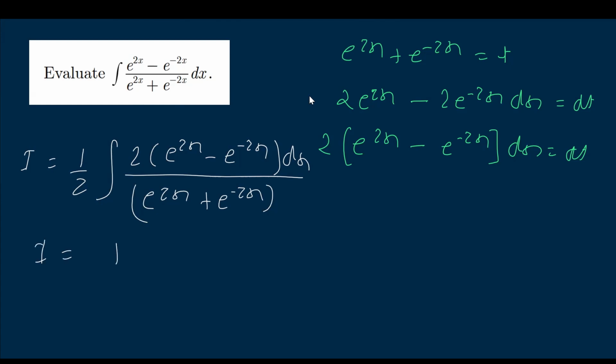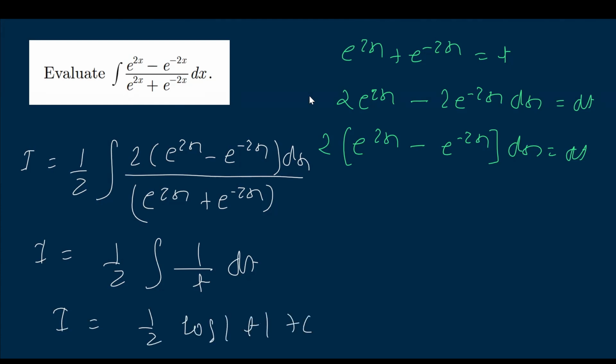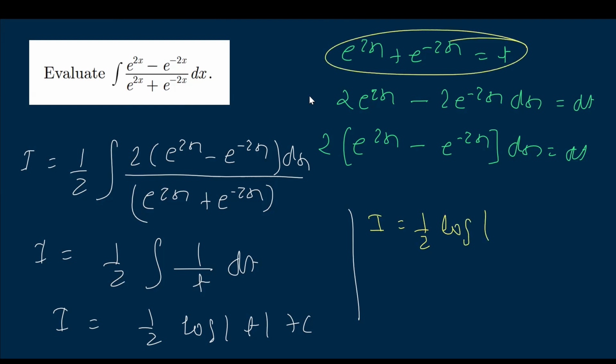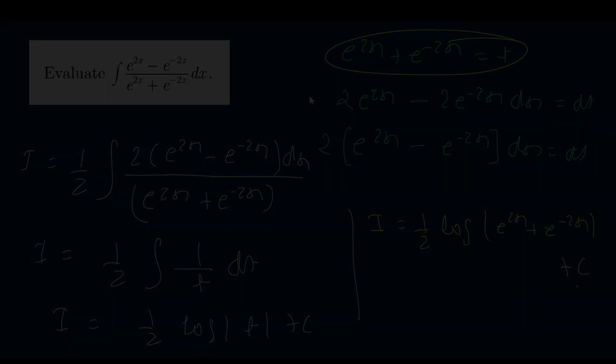We'll get half integration 1 over t dt. That's easy. So this is half log mod t plus c. One more step, we'll be resubstituting here, replacing t with this. We are going to get half log of e raised to the power 2x plus e raised to the power minus 2x, plus c. That should be our answer.